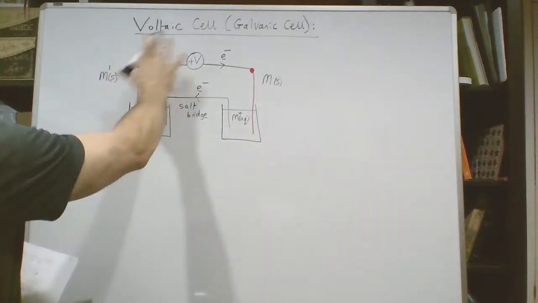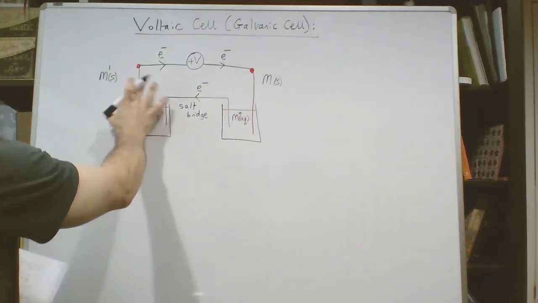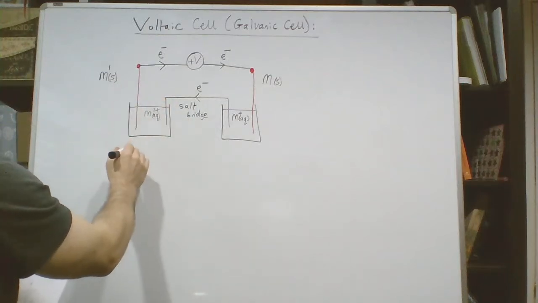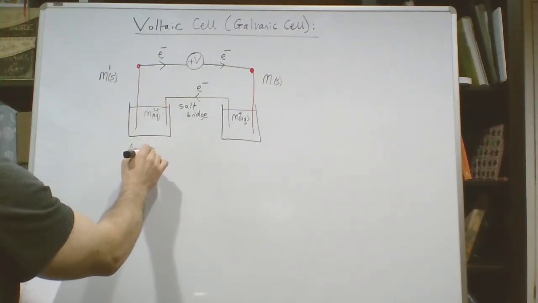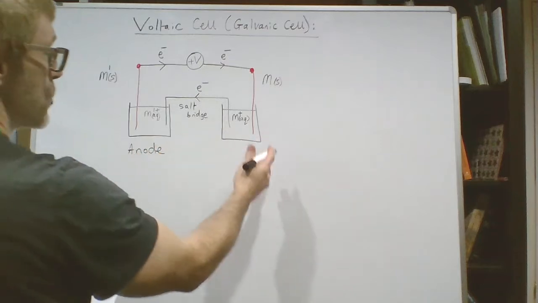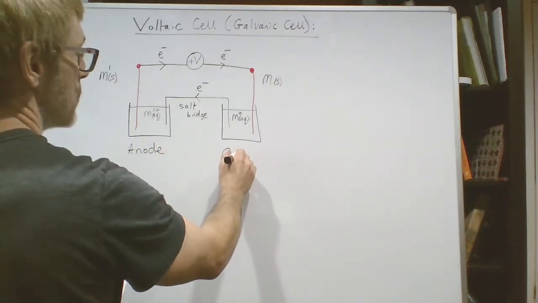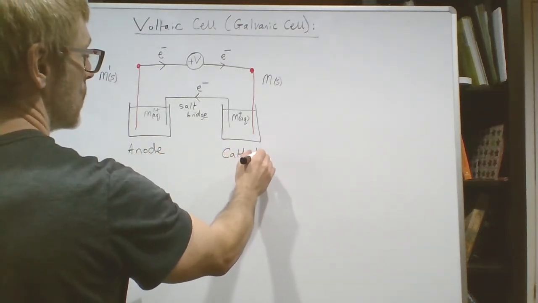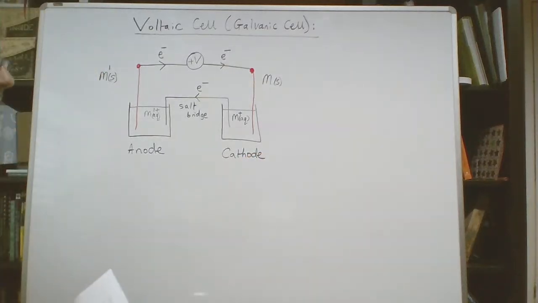The way I've drawn this with a clockwise flow of electrons, the electrode on the left is called the anode. The electrode on the right is called the cathode. So these were our labels A and C in the previous part of this video.